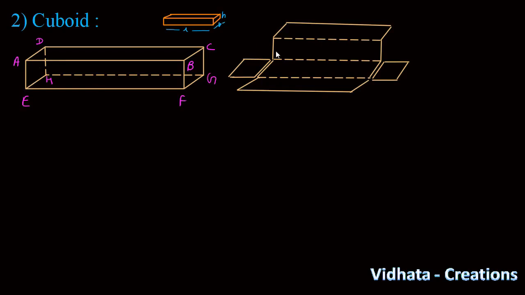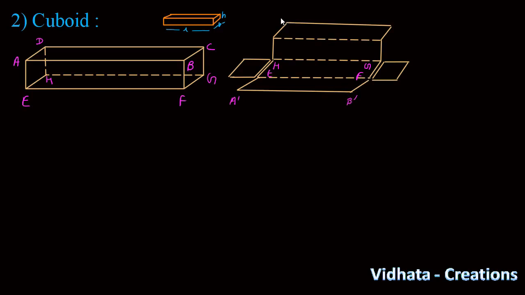Where will the sides be, like the previous cube? Here you have the base. I will name this base, like previously, H, G, F, E. Here you will get A dash, B dash.